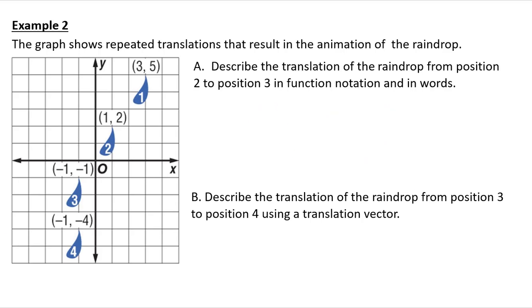Okay, our next example. The graph shows repeated translations. In the animation, describe the translation from position 2 to position 3 in function notation and in words. So let's start with words.